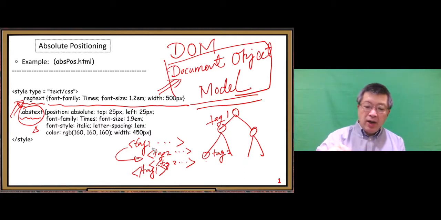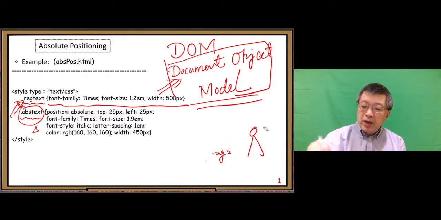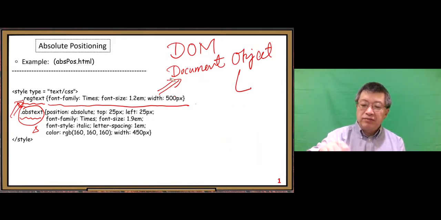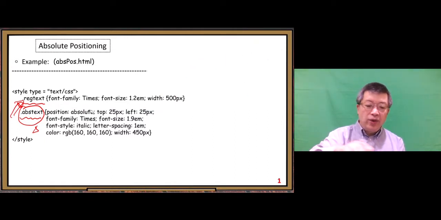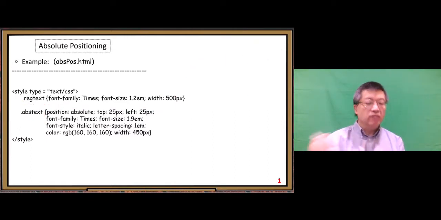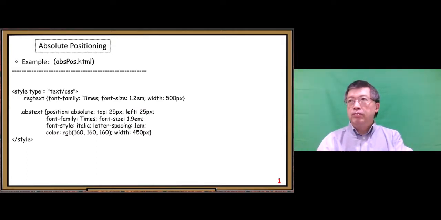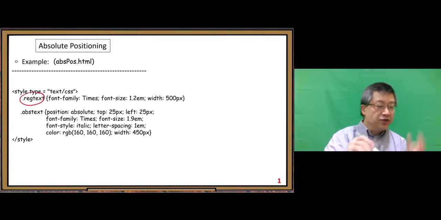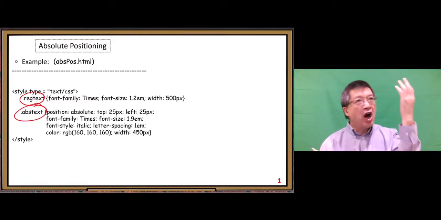Here, in order to understand it better, I give you some simple explanation of this DOM model. In B.3, we will learn systematically, so you will get a much better understanding. But here we know this is used for the parent node. This is used for the child node.